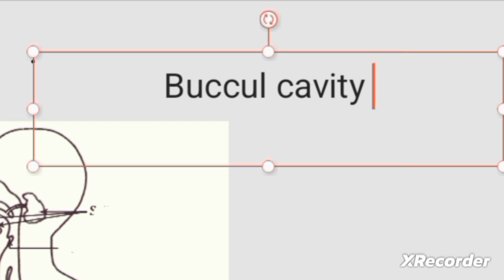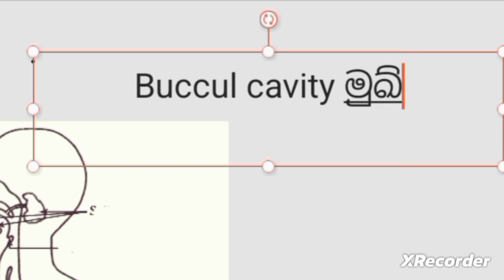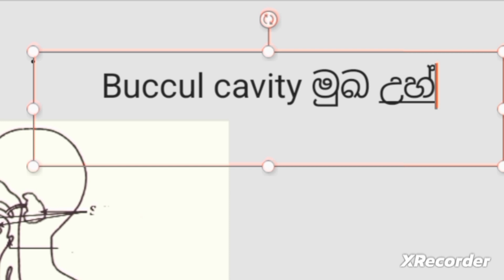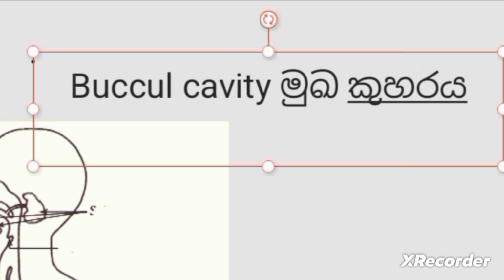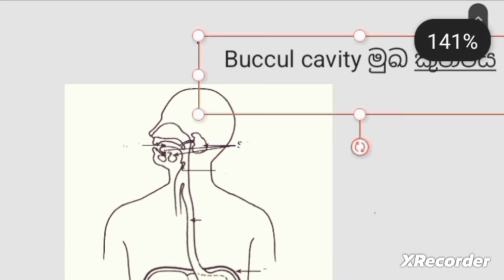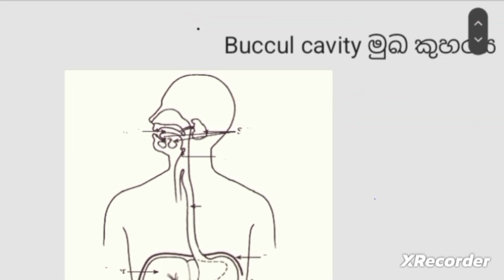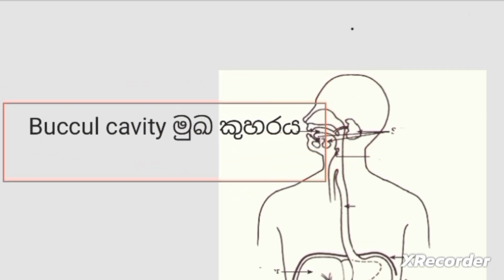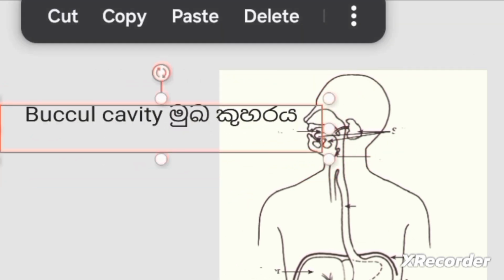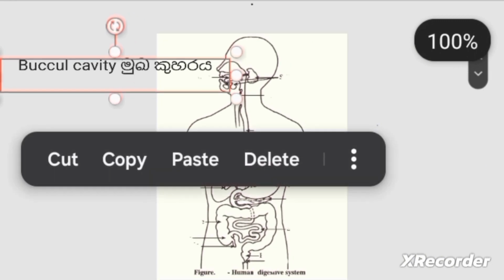In Sinhala we call it mukha kuharaya. Then we can label it as mukha kuharaya, buccal cavity.